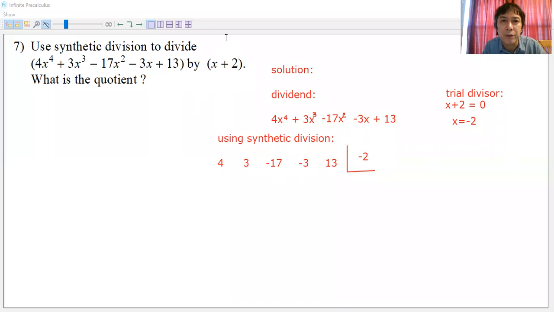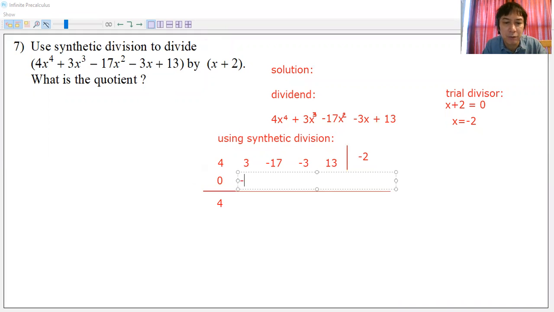Then we start with our synthetic division. Put the horizontal line. The first add then is a 0. First addition is 4 and 0. We get a 4. First product is the number 4 and the trial divisor. It's a negative 8.